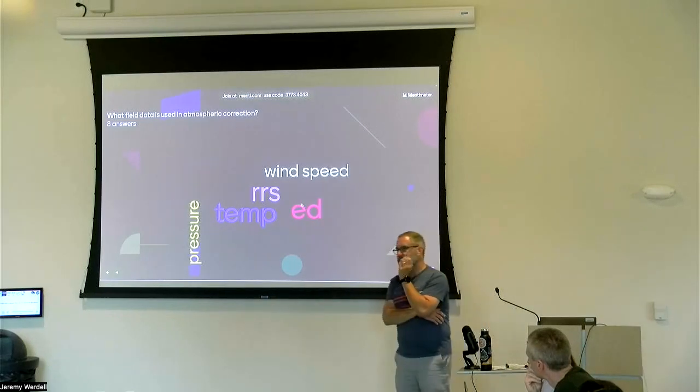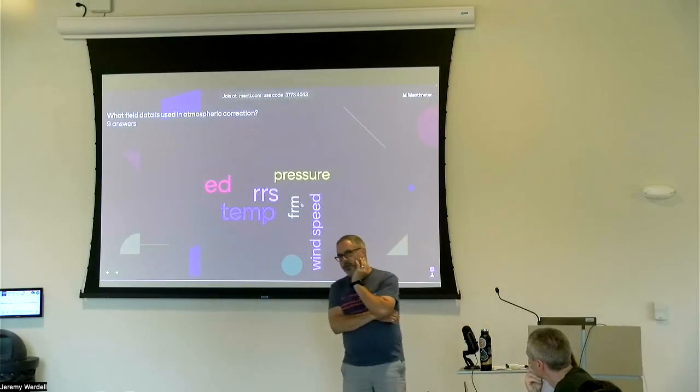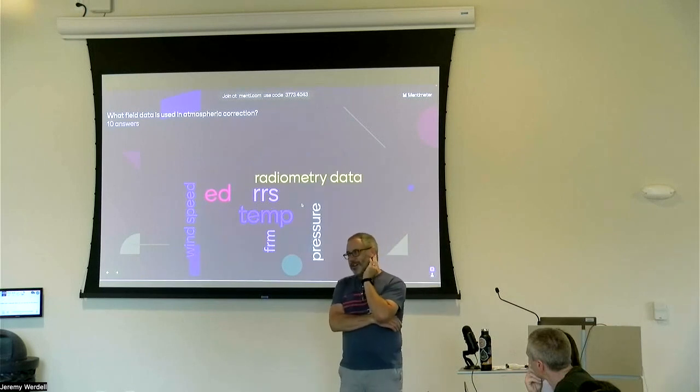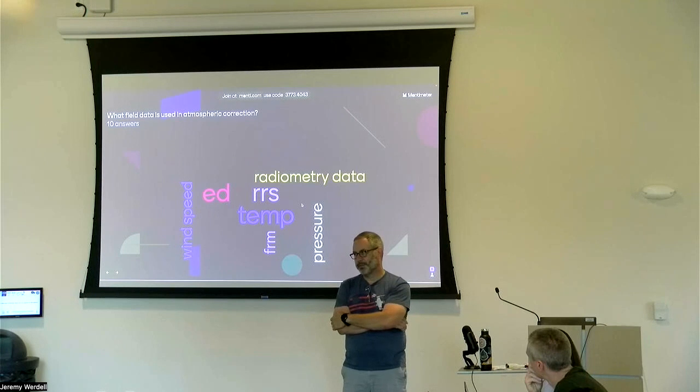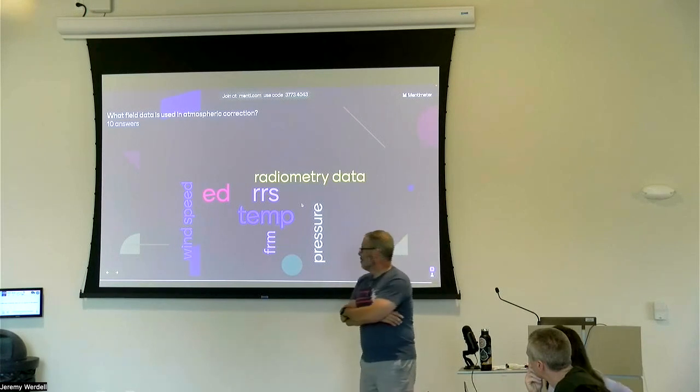Let me ask the question another way. What ocean color or biogeochemical data that you collected two days ago would potentially influence atmospheric correction of it? Okay. No pressure. We know where we're at.